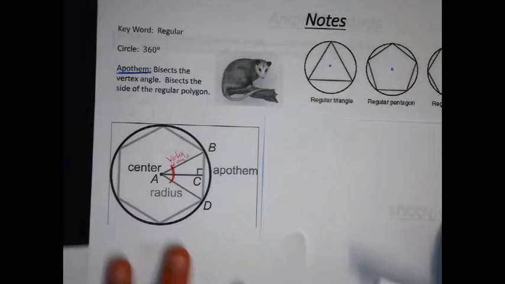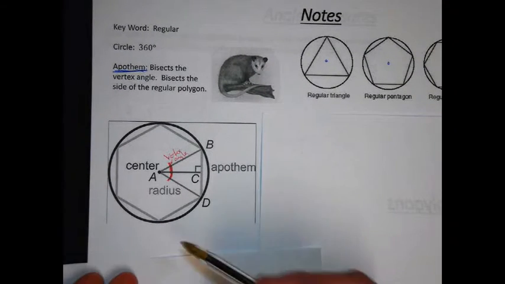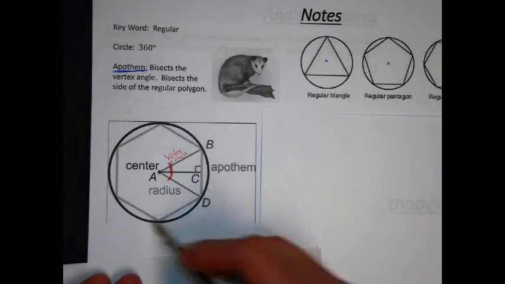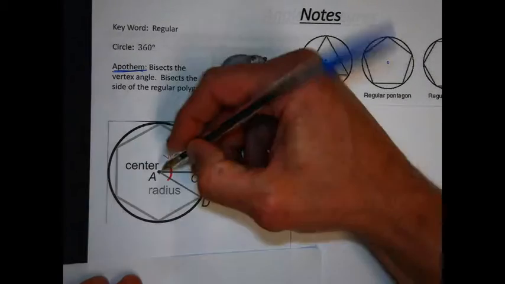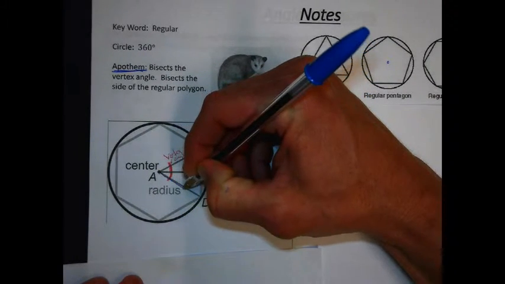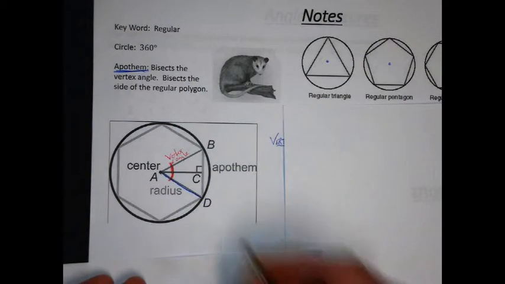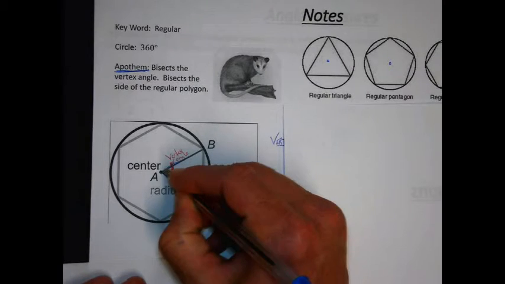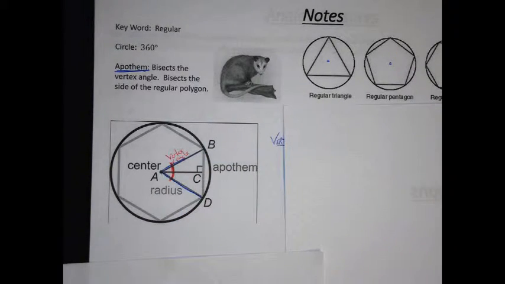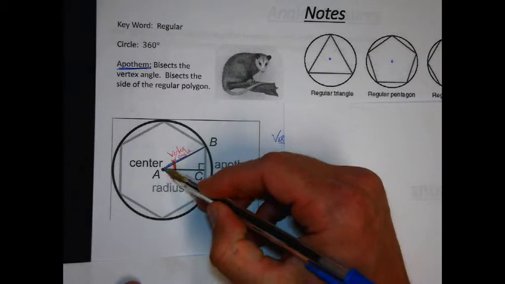Let's take a look at this little diagram here. We have a regular hexagon, and we have the center of the circle that circumscribes the regular hexagon. We have a radius from the center of the circle to one of the vertices of the regular polygon. We have a vertex angle. That is the angle in between 2 consecutive radii.